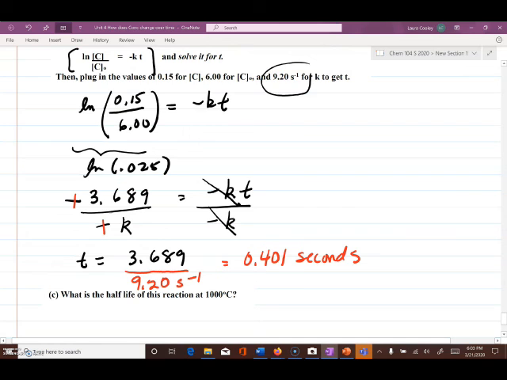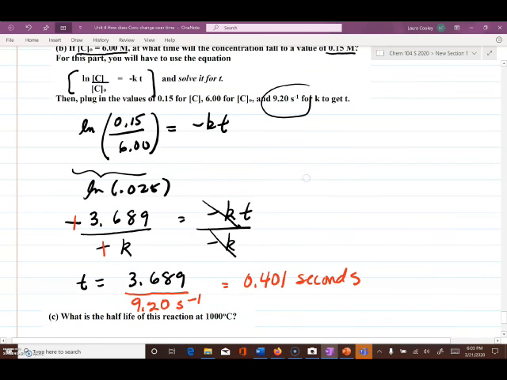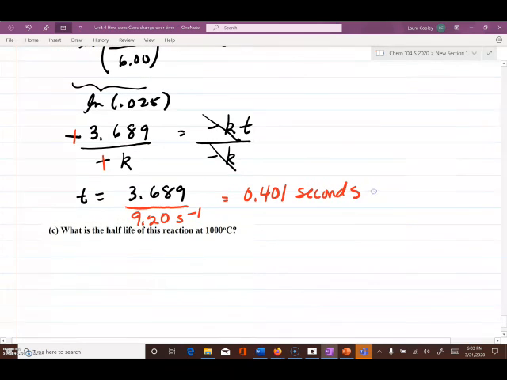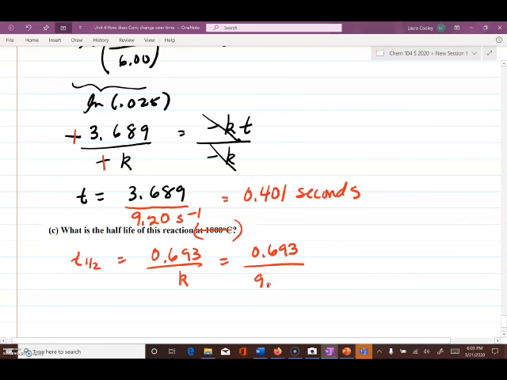And then what is the half-life of this reaction? Oh, the reaction takes place at 1,000, so that's not really relevant to the question. So the T1 half is 0.693 over K. And that comes out to 0.0753 seconds.